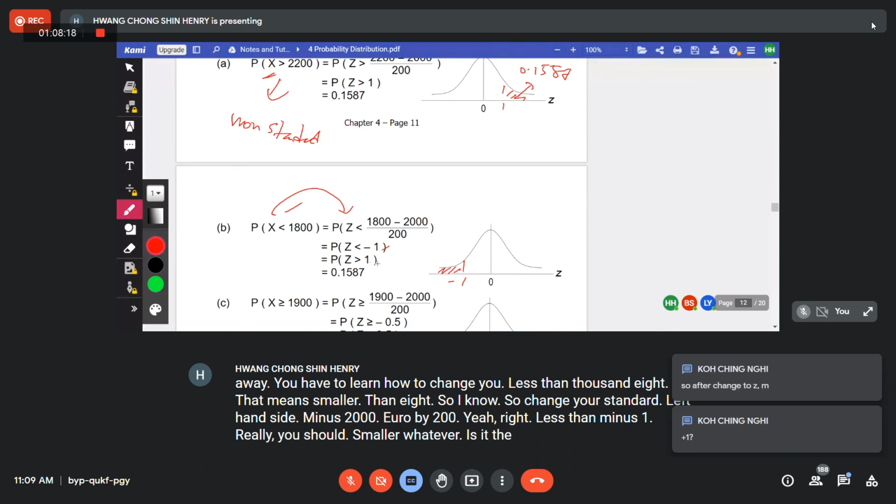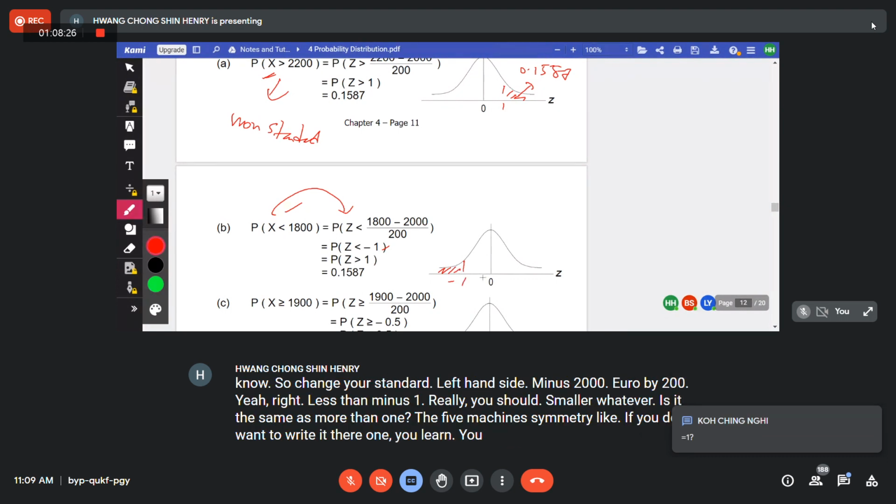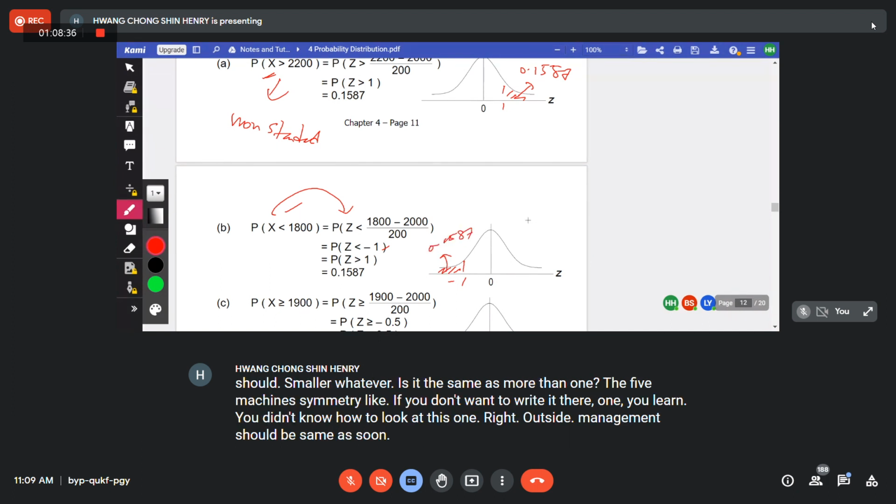Is it the same as more than 1? That's why I mentioned symmetry, right? If you don't want to write this down, you didn't know how to look at this one, right? Less than minus 1 should be the same as 0.15, and more than 1 should be the same.